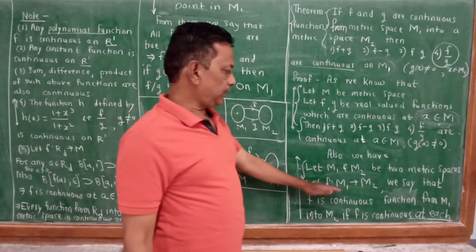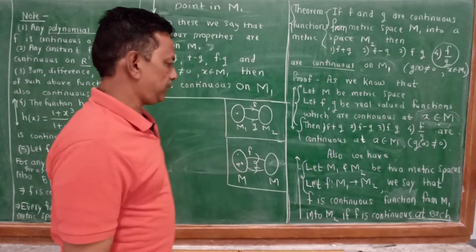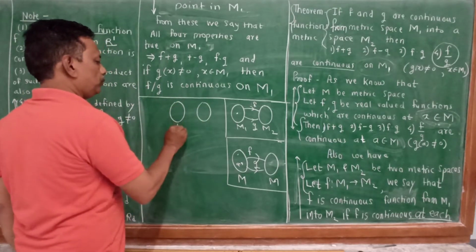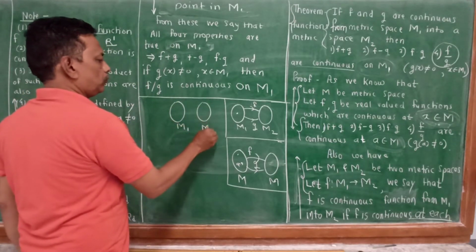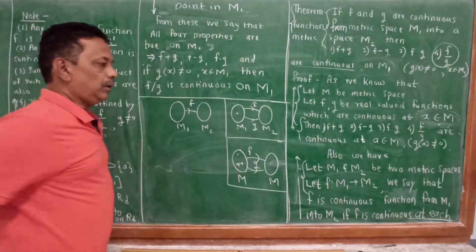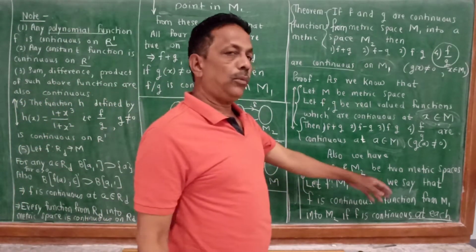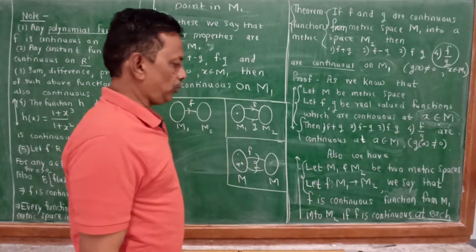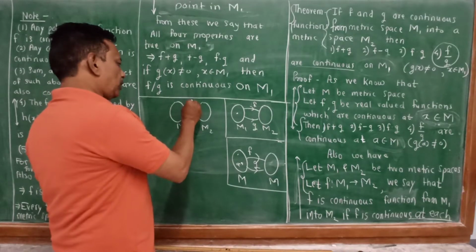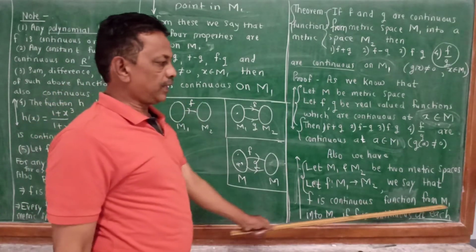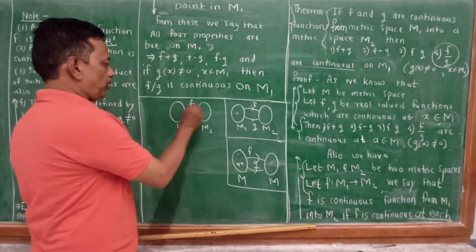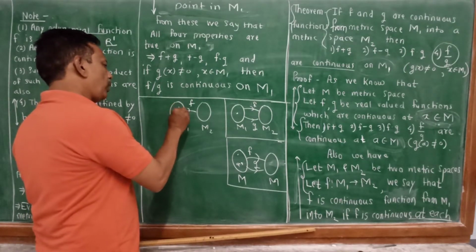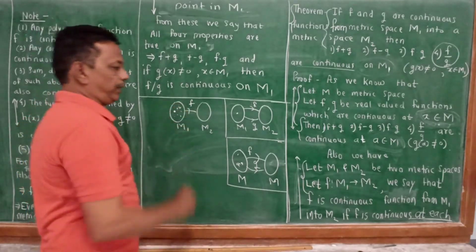Now next, M1 and M2 be two metric spaces and f from M1 to M2. This is the one function. We say that the function is continuous from M1 to M2 if it is continuous at every point, at each point.